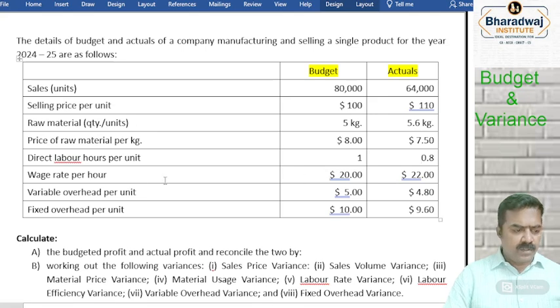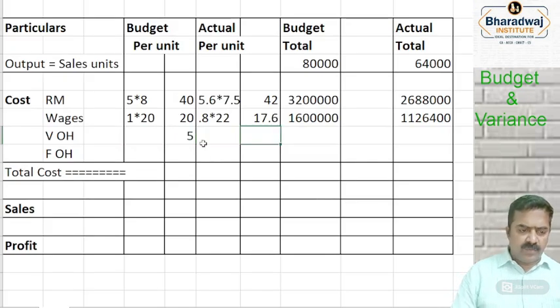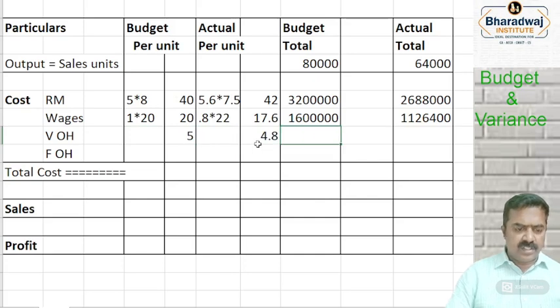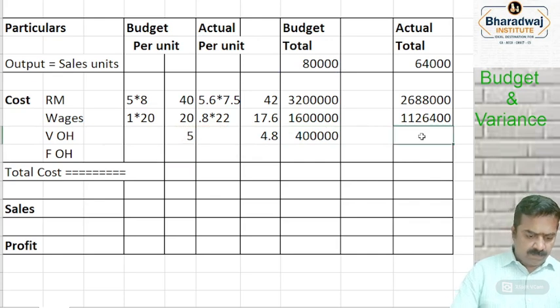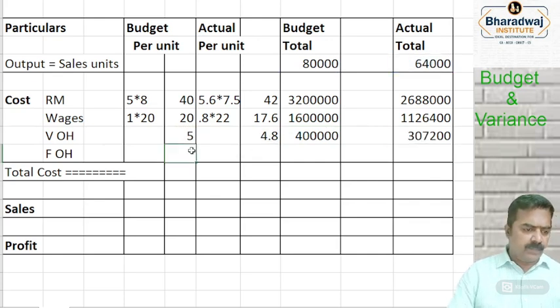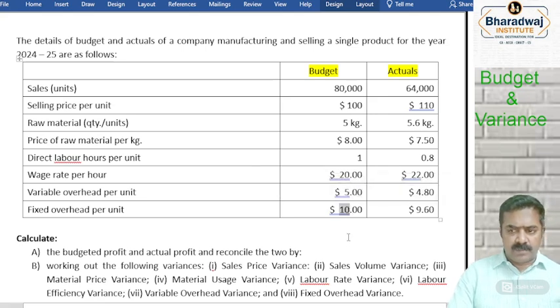Variable overheads are given per unit, so directly we can take 5 and 4.8. If it is given per hour, you have to multiply with the number of hours also. Fixed overheads are given as 10 rupees per unit and 9.6 per unit.